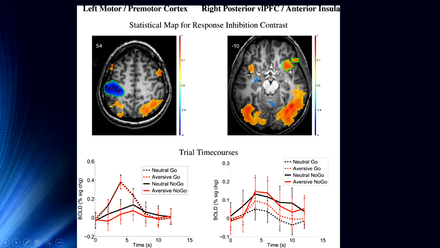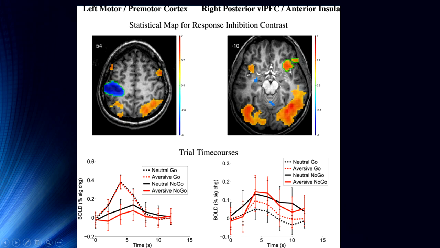So if we look here at the go versus no-go trials, and again, this is where we get that event-related type of fMRI signal, because we're actually able to, on a trial-by-trial basis, scan the brain of an individual. In here we are looking at neutral versus aversive.